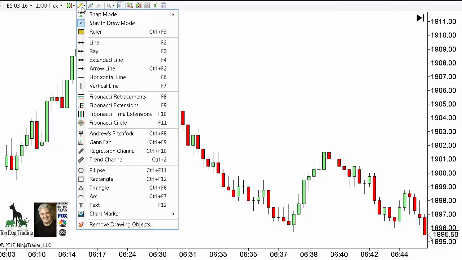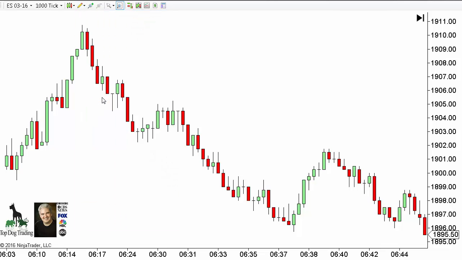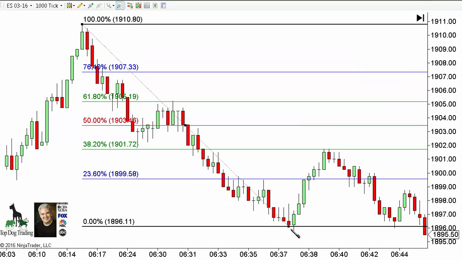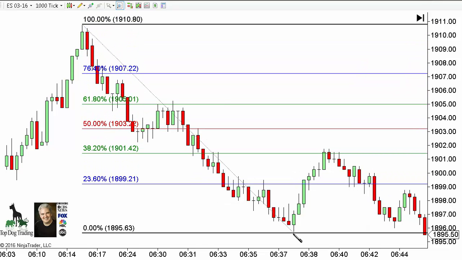So we go up here to our Fibonacci retracement drawing tool. We start here, that's the beginning of our impulse move. We bring it down to the bottom, and now you can see these numbers draw on the chart. So this is where we started from. If the market goes down here and it doesn't retrace at all, how much is it retracing? 0%.